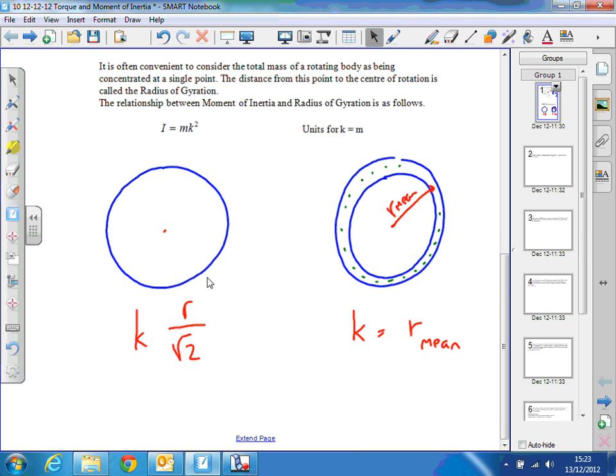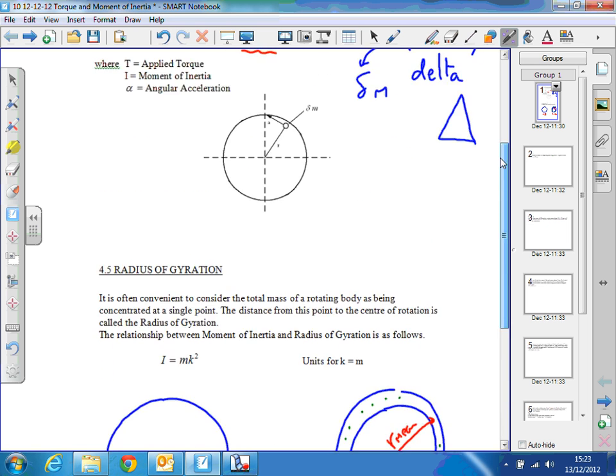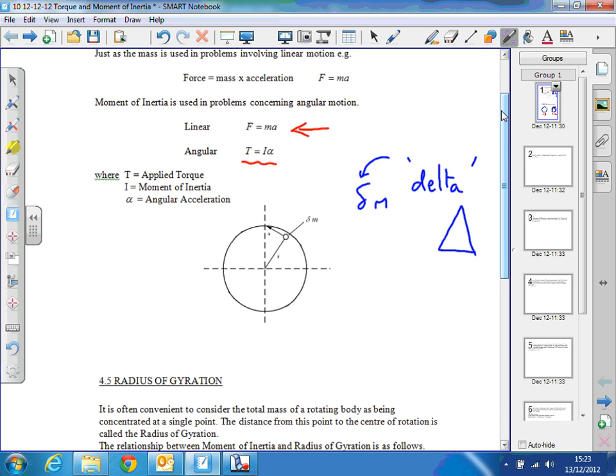In the problems that we're going to look at examples of in a minute, we need to be able to calculate this moment of inertia. The moment of inertia in rotation is the equivalent of mass in linear motion. Once we've got the moment of inertia, we can then go back to this equation and find the torque.